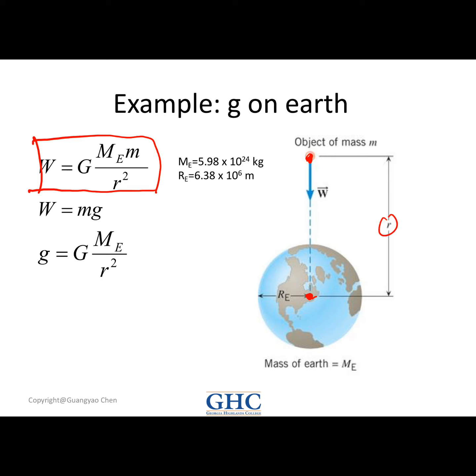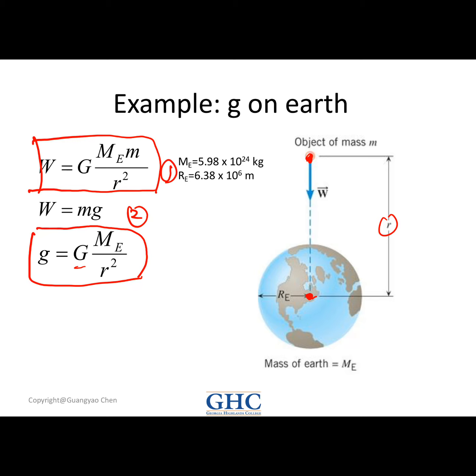We also know weight is m times g, where g is acceleration due to gravity. So if you compare equation 1 and equation 2, g, the lowercase g, acceleration due to gravity, is capital G times mass of Earth over r squared, where r is the distance from the object to the center of Earth.